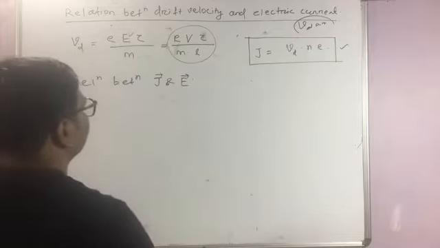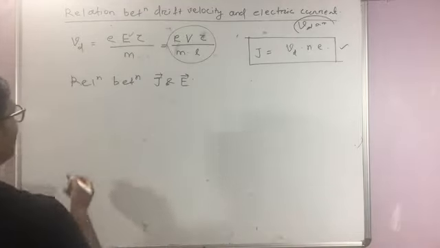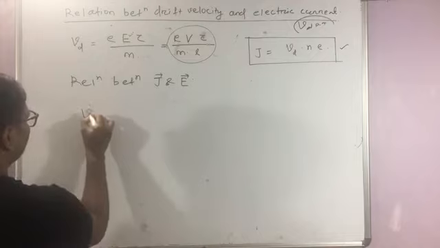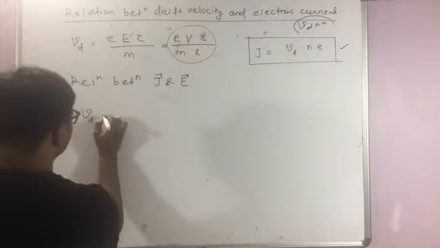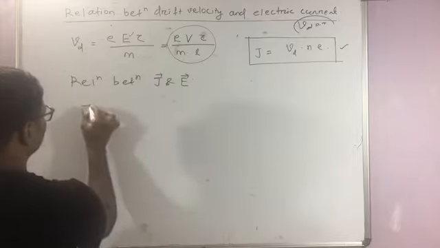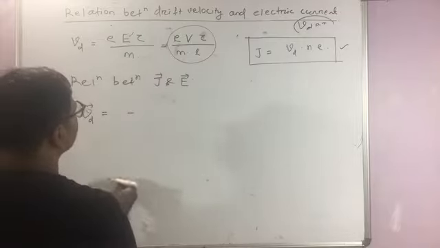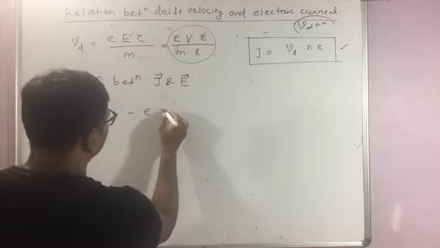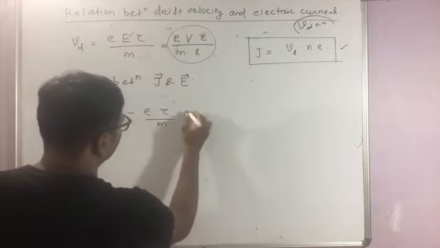Got? We know Vd is equal to minus e tau by m into E.